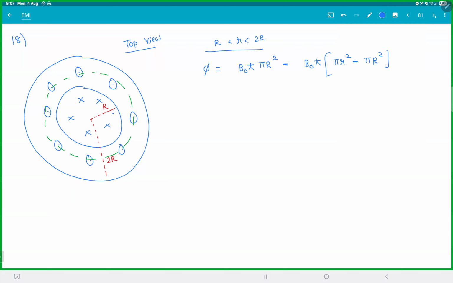From 0 to R, the field is downward. From capital R to small r, the field is upward. So the fluxes will subtract. This thing comes out to be B naught t pi times 2R square minus small r square.